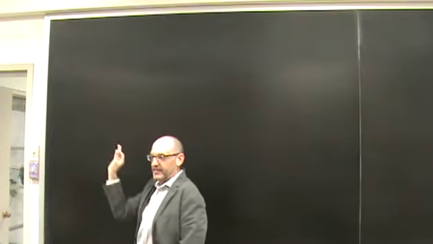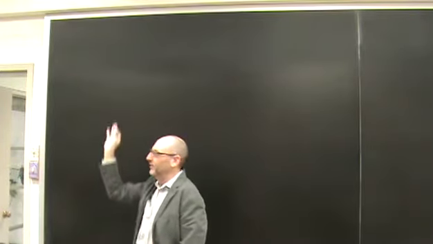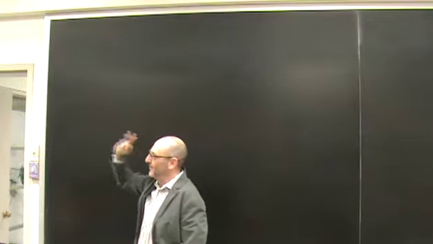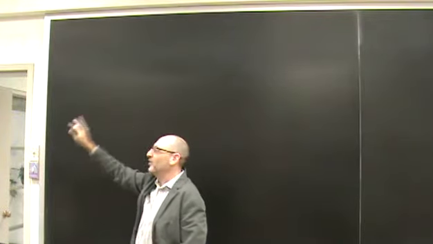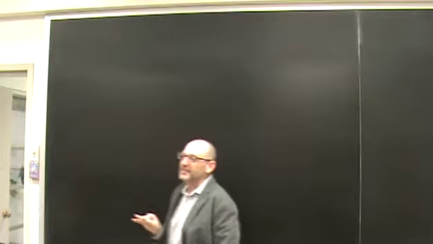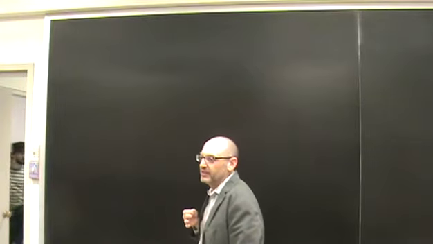Because we can always separate the kinetic energy. We can do it in cylindrical coordinates, we can do it in spherical coordinates, we can do it in Cartesian coordinates, but the question is about the potential.